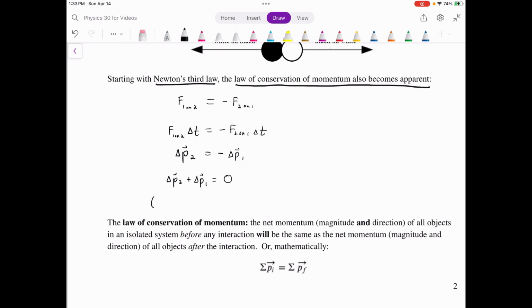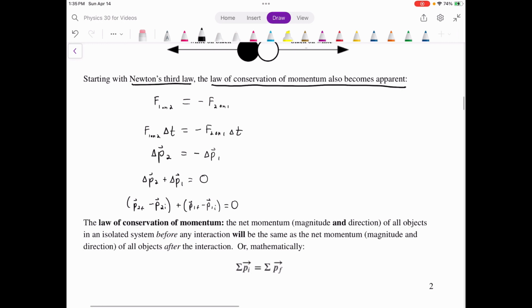So what we're really saying here is momentum 2 final minus momentum 2 initial, that's just the change in object 2's momentum, plus the change in object 1's momentum, momentum 1 final minus momentum 1 initial. So that's all I've done so far, okay? Break these down into final minus initial.